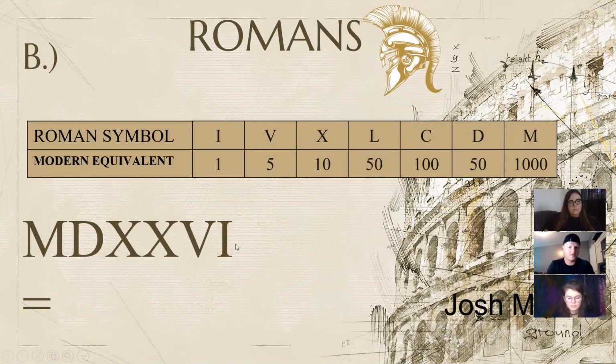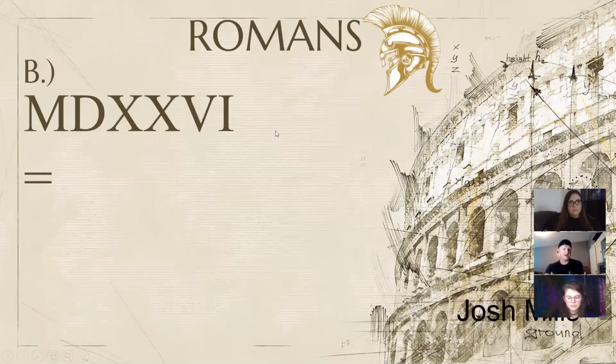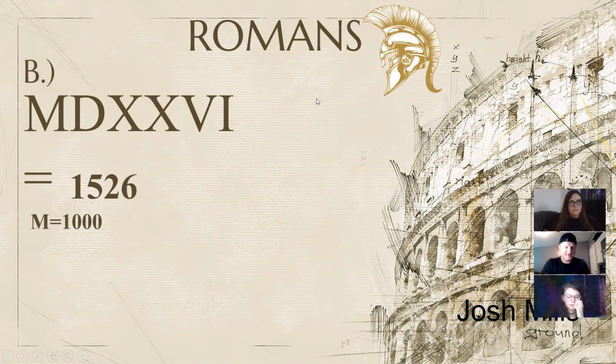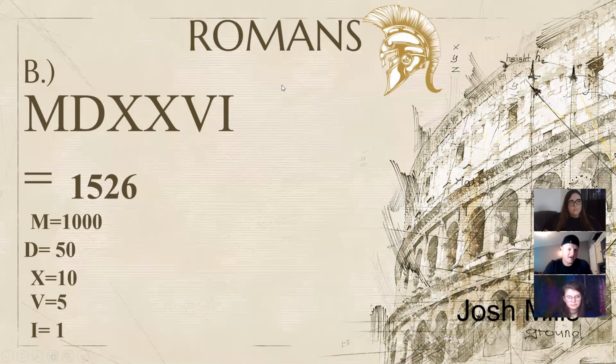So now as we go on, go to the next slide, please. So are you just adding these together, Josh? Correct. As we go down, you click through it. The total was 1,526. And so this is how this would work: with the X, you would do 10 plus 10, so that would actually equal 20.